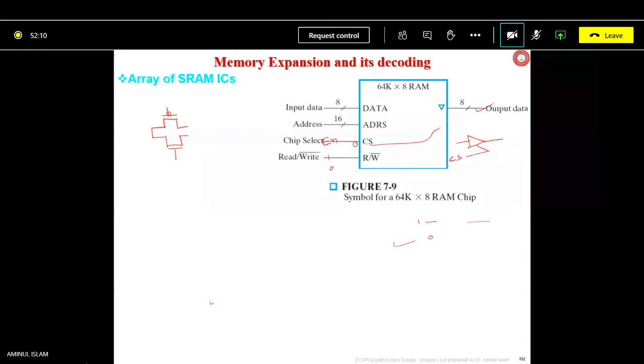Okay, I connected them in this way, in parallel. And now I'll be taking this space too.